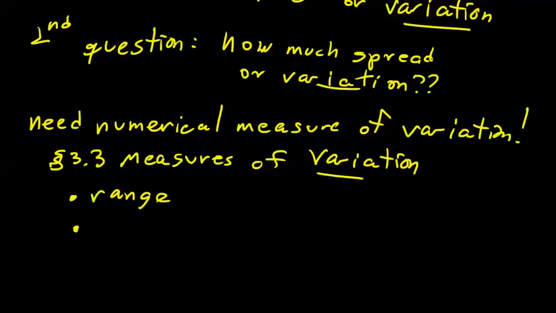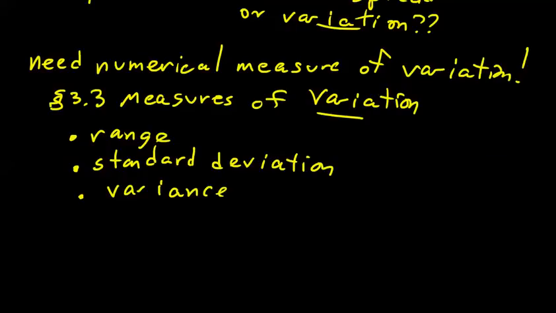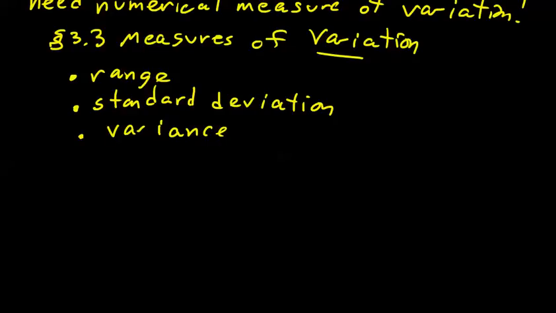One is range, one is standard deviation, and the last one we'll talk about in this section is variance. Okay? All right, so just like in 3.2 we had different measures of center, in 3.3 we'll have different measures of spread or variation, and you'll pick one or the other based upon your individual problem data needs.